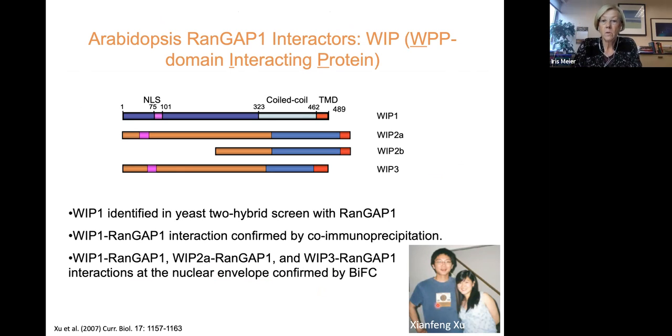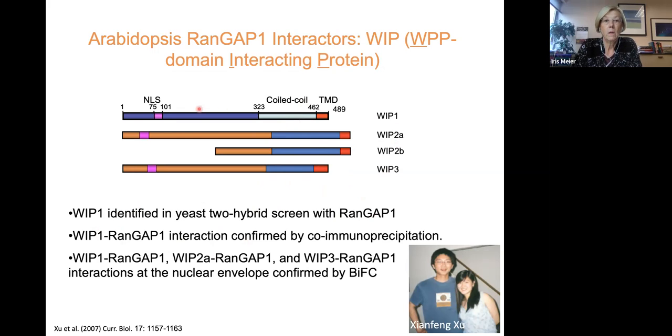My graduate student at the time, Zhanfeng Zhu, did the yeast two-hybrid based approach, and we identified this family of 3 proteins, which we called WIP 1, 2, and 3. There are 2 splicing variants of WIP 2 here. And he showed that all 3 WIPs bind RAN-GAP. This interaction is through the WPP domain on RAN-GAP and through this coiled coil domain of WIP1, 2, and 3.